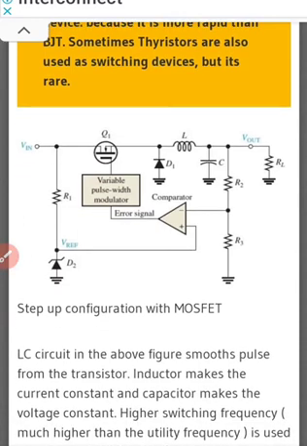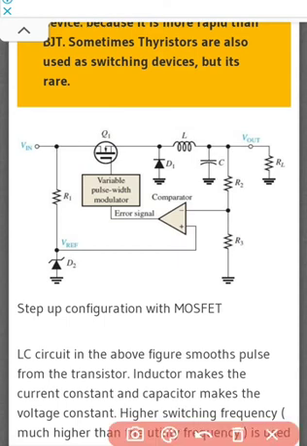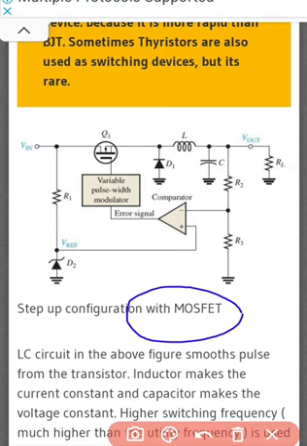The next is our step up configuration. Here a different configuration is used, because here we use the MOSFET, the metal oxide semiconductor field effect transistor.